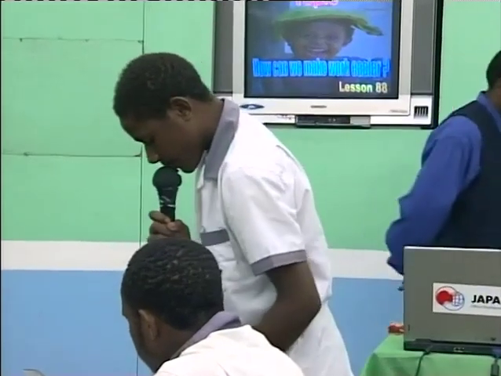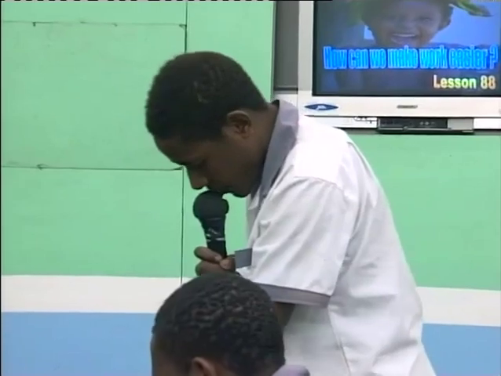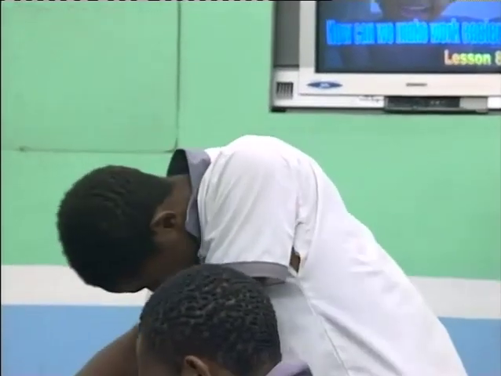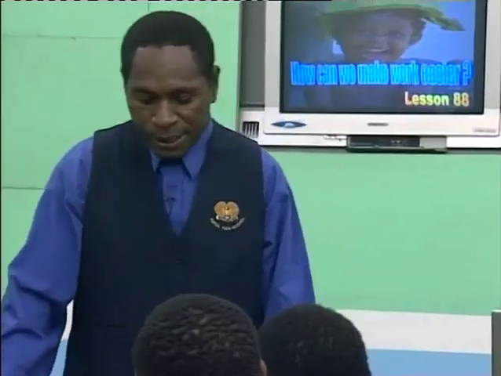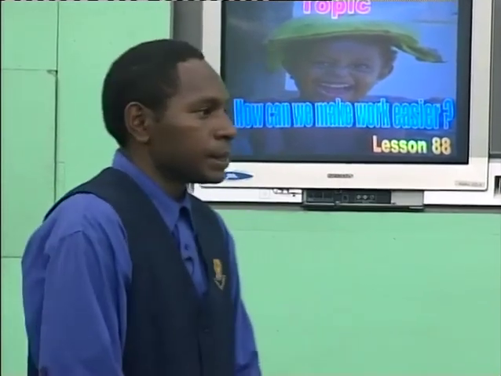A simple machine which turns about a fixed point called the pivot or fulcrum. Right, Carl thinks a lever is a simple machine which turns about a fixed point called the pivot or fulcrum. Very good.